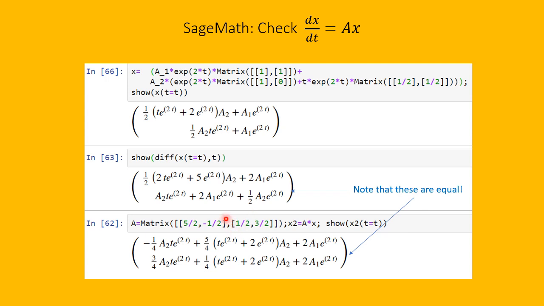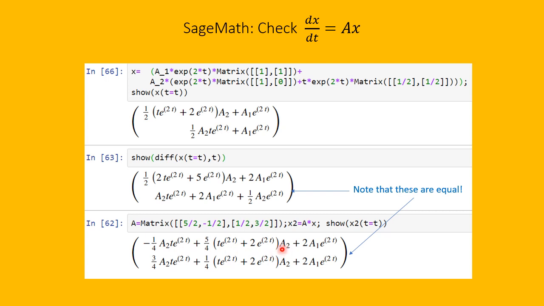For instance, if we look at this for a minute, here we have 1/2 times 2 times te to the 2t times a2. And so this stuff right here times this just simplifies to a sub 2 te to the 2t. And if you look at what we have over here, here we have minus 1/4 a sub 2 te to the 2t.